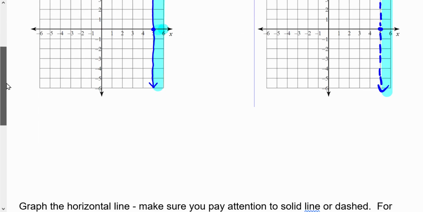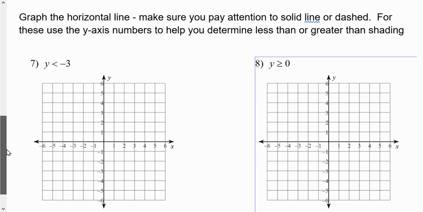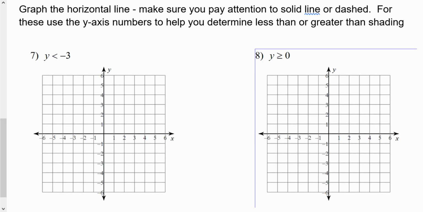Let's go down and take a look at the horizontal lines here. So y is less than -3. So we just have to put a dot very quickly here at -3. It does not have an equal sign, so it needs to be a dashed line.